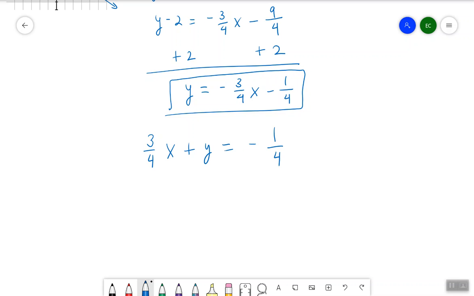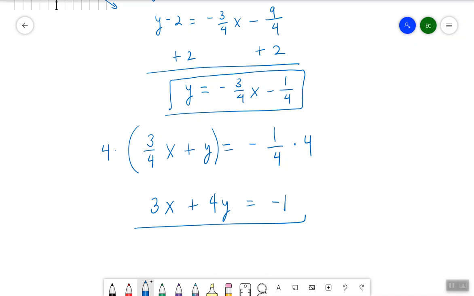And then we need to get rid of the fractions. So we're going to multiply everything by 4. And we'll have 3x plus 4y is equal to negative 1. And there's the equation in standard form.